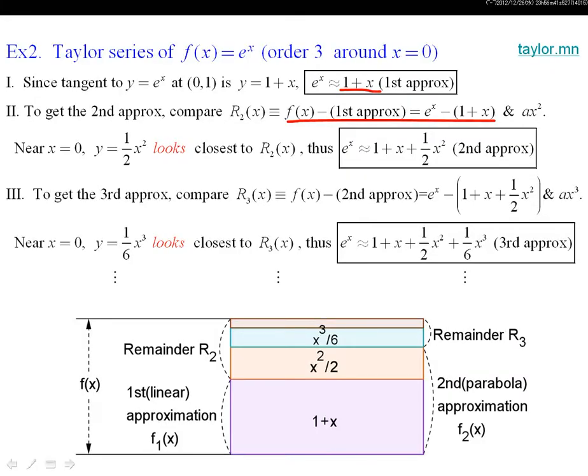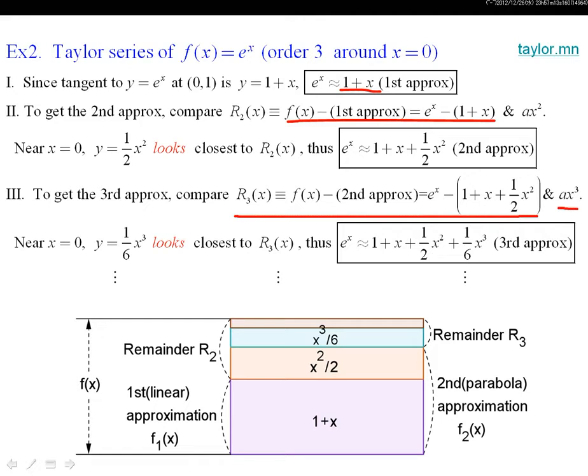So let's review. We get the second approximation, and to get the third approximation, we subtract the second approximation from f(x), which is this one, the third residue R3(x), and we compare this R3(x) with ax cubed.